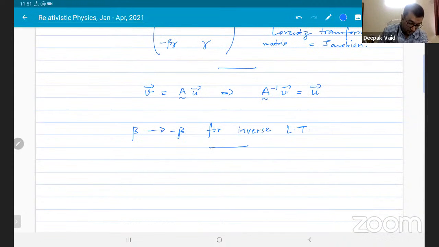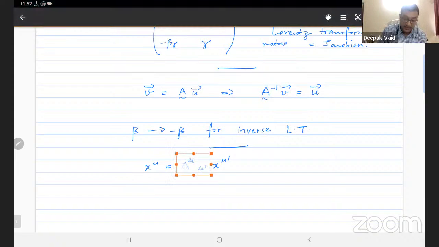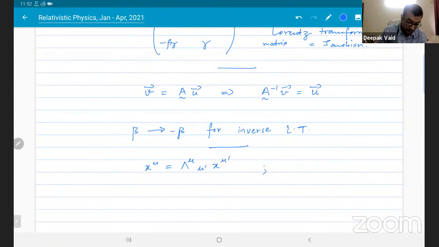So I would say that x mu is equal to lambda mu mu prime x mu prime. And this is the inverse of lambda mu prime mu, right?